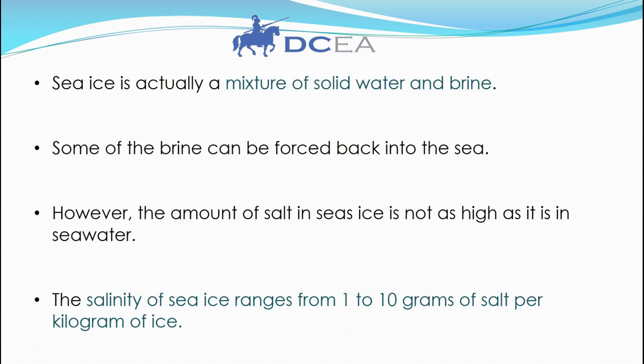Sea ice is actually a mixture of solid water and brine. Some of the brine can be forced back into the sea. However, the amount of salt in sea ice is not as high as it is in seawater. The salinity of sea ice ranges from 1 to 10 grams of salt per kilogram of ice.